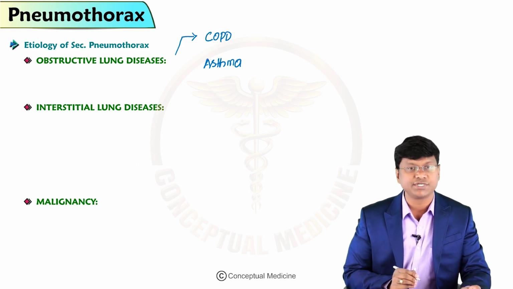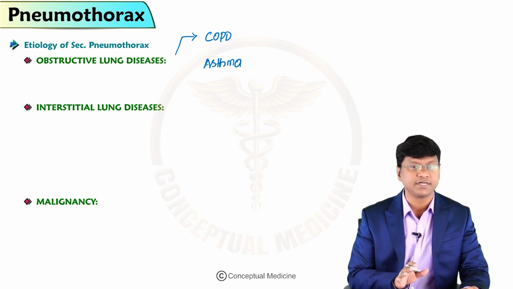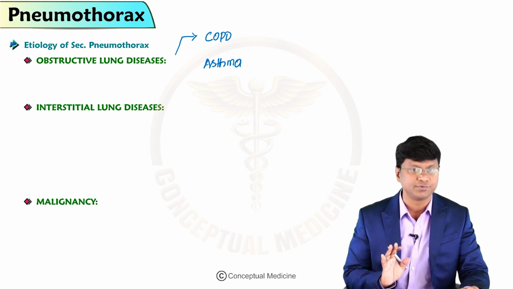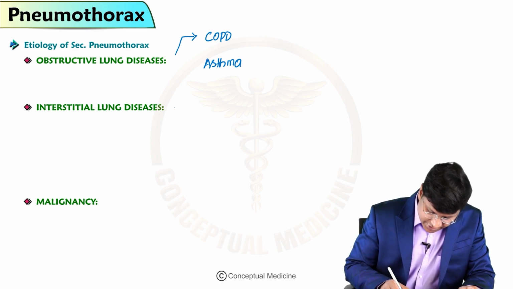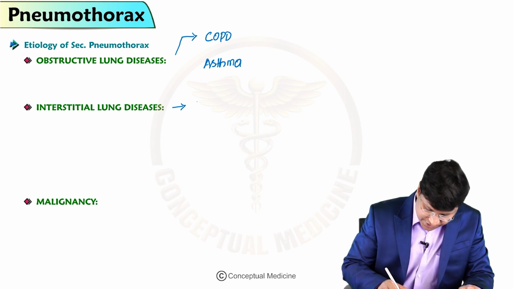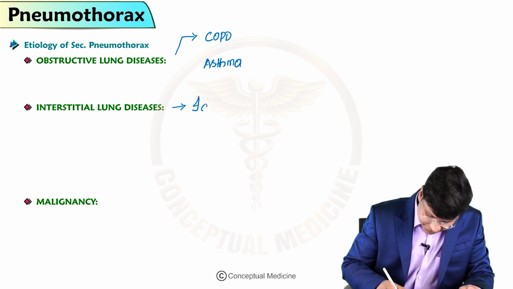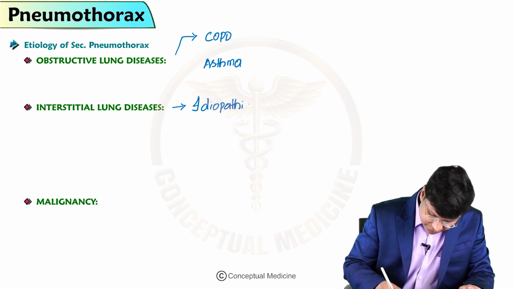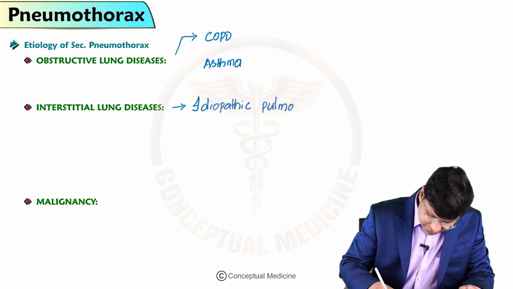And interstitial lung disease, right? Even this comes under the same secondary spontaneous pneumothorax. These etiologies include, number 1, idiopathic pulmonary fibrosis, right?